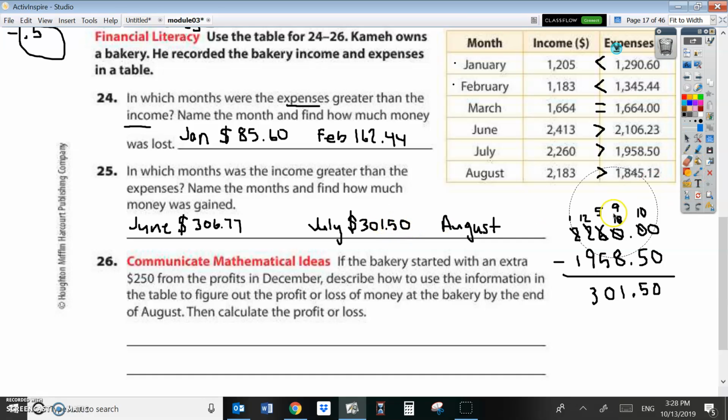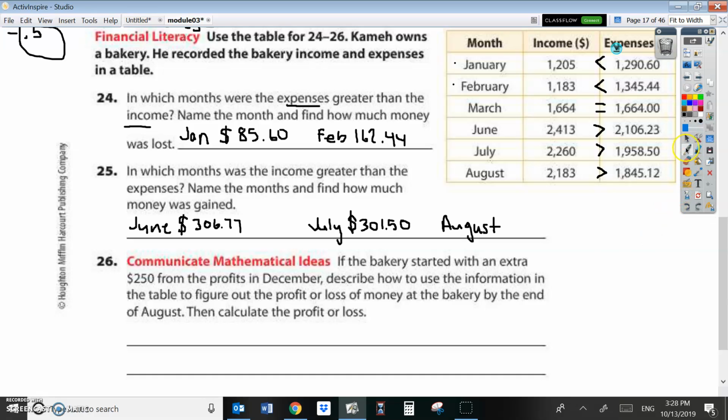Let's check August. 2,183 minus 1,845. Put in a decimal and some zeros here. Borrow from that, put a 2, make this a 10, and then a 9, and it's a 10, and get 8, 8.